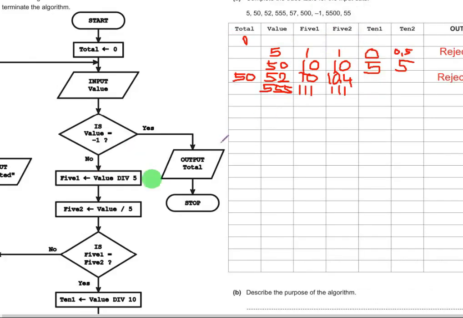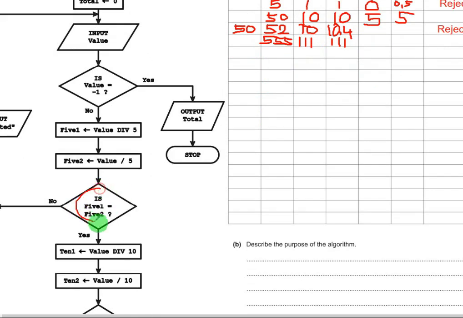Next one, we go for this one. Is this 111 the same with 111? Yes.